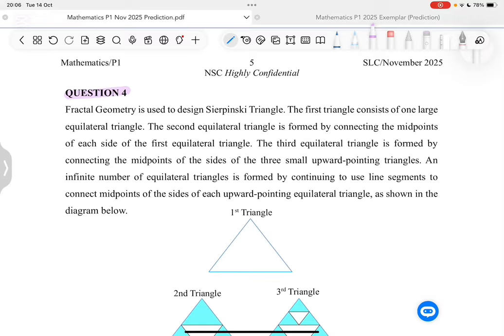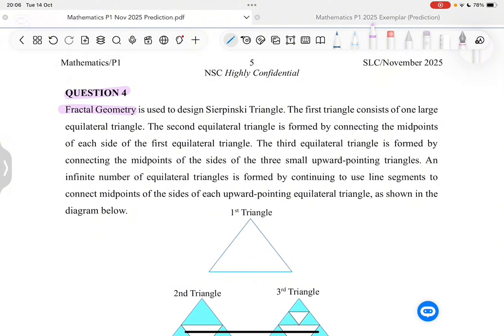Fractal geometry is used to design the Sierpinski triangle. Now, fractal geometry is a branch of mathematics which looks at diagrams or geometric figures that have the same degree of regularity.